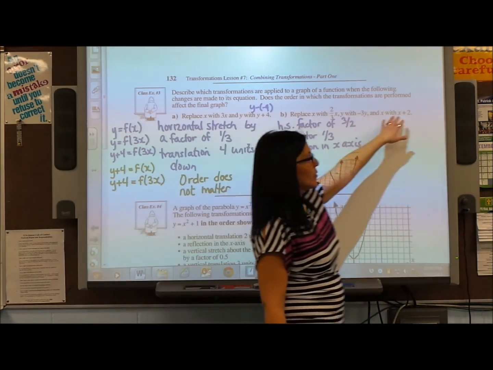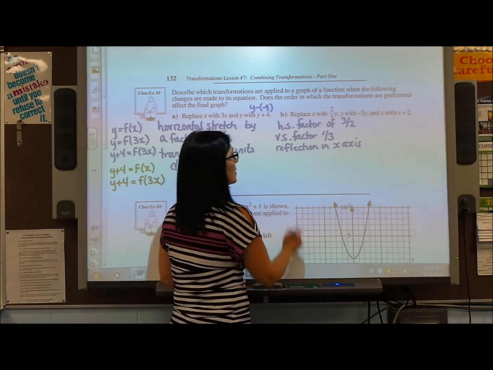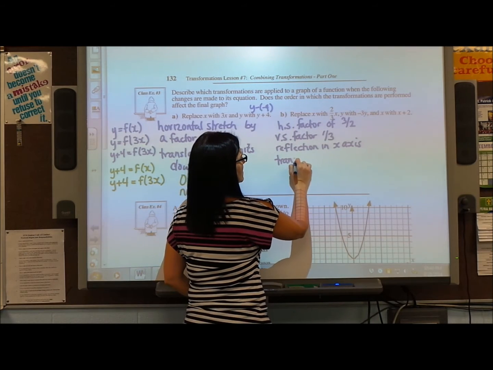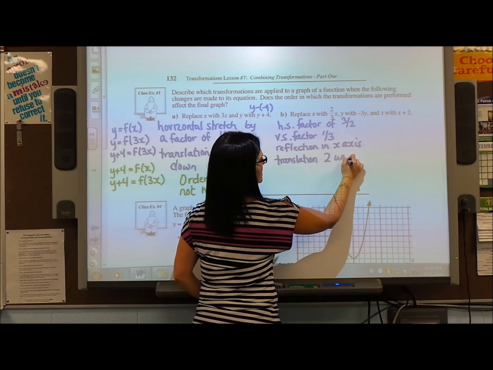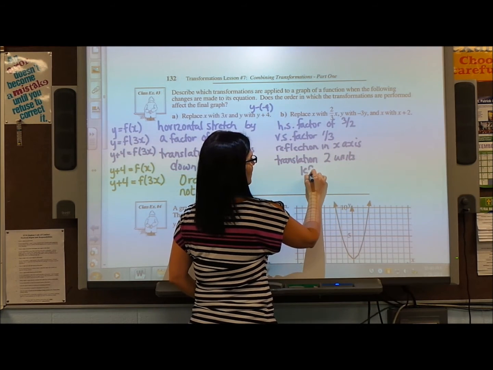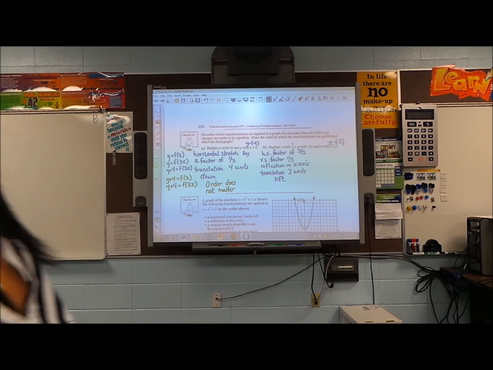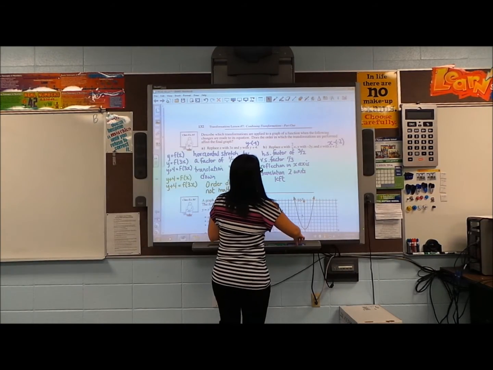And then finally, if I replace x with an x plus 2, I have a translation 2 units left.